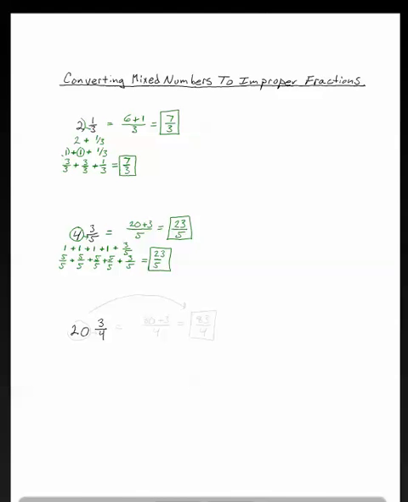So now that we know that we have a more efficient way of doing things, for our third one, we can just say 20 times 4, so 20 times 4 is 80, plus our numerator of 3, all over our denominator of 4. And then 80 plus 3 is 83 over 4. So that means that 20 3/4 is equivalent to 83/4.